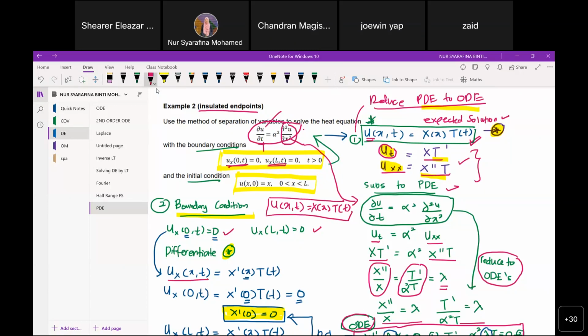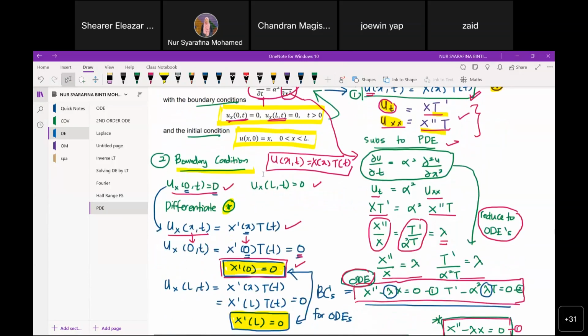So when x is 0, X'(0)T(t) equals 0. Then putting T to the right hand side will give you X'(0) equals 0. So this is the condition for the ODE now. Another one: when x equals L, u_x(L,t) equals X'(L)T(t) equals 0, so X'(L) equals 0.